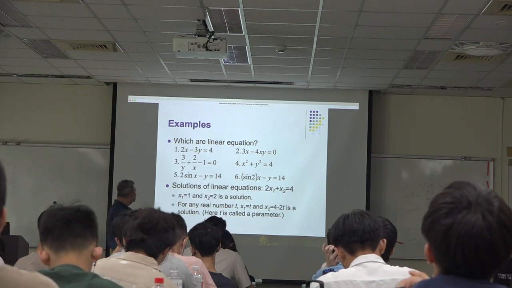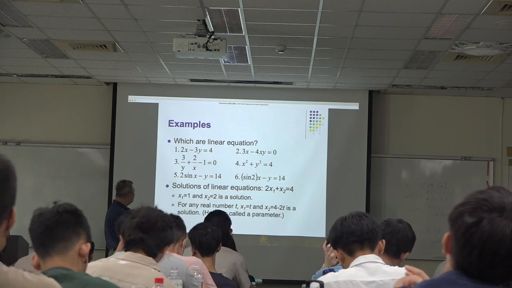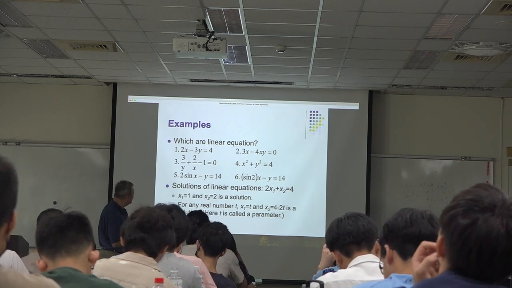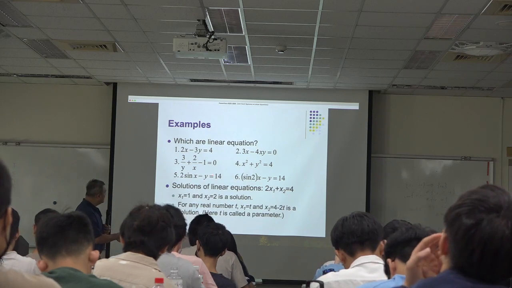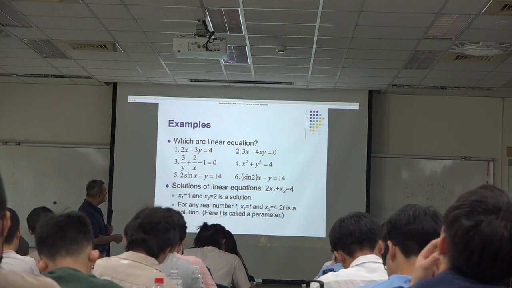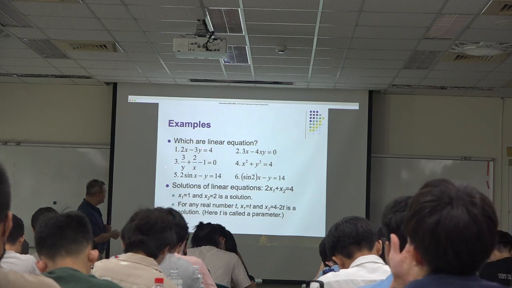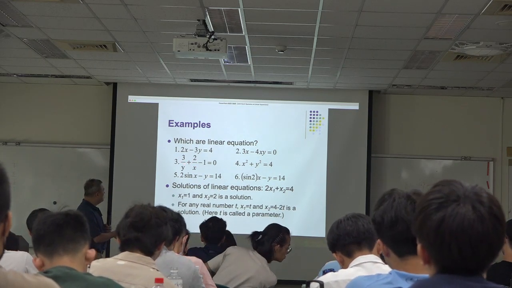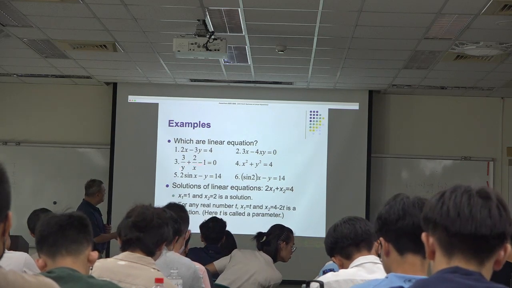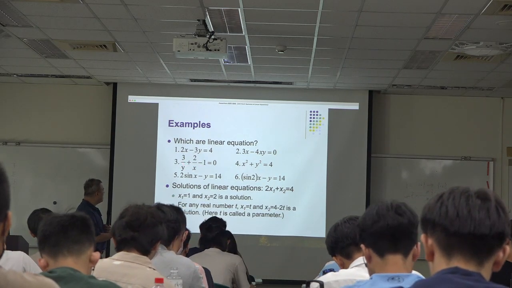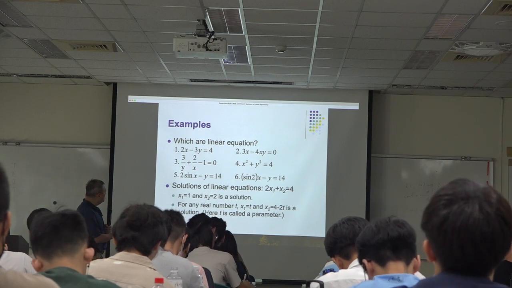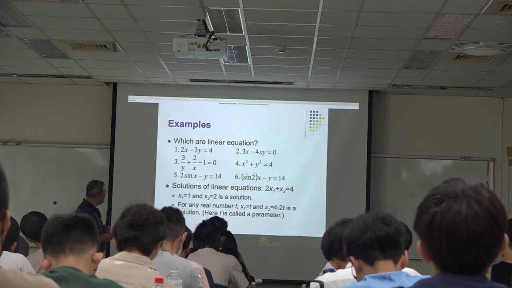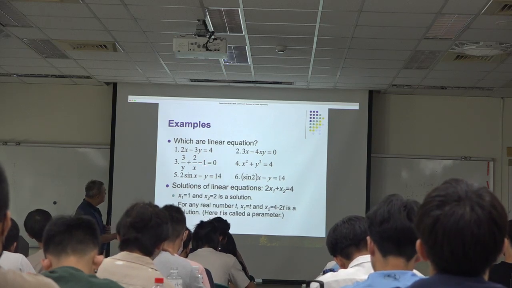The third one, 3 over y plus 2 over x minus 1 equal to 0, is not a linear equation either. If you try to remove the denominators by multiplying every term by x and y, this term becomes 3x, this term becomes 2y, but we have a minus xy.